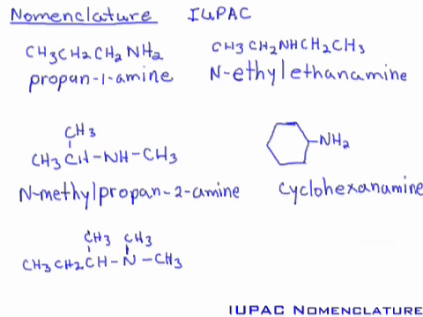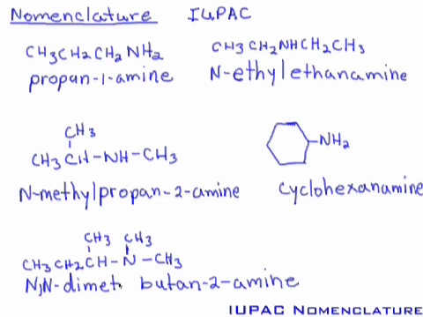In butanamines, you could have butan-1-amine or butan-2-amine. This is off of carbon 2. So this is butan-2-amine. And then we have two methyls off of nitrogen, so we say, just like we would in numbers, one N for each methyl, N,N-dimethyl. N,N-dimethylbutan-2-amine.